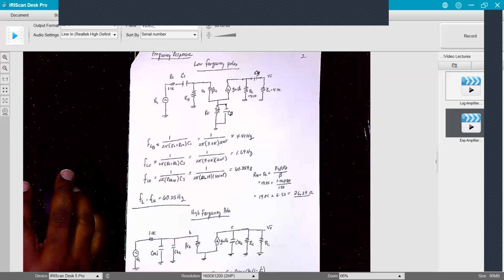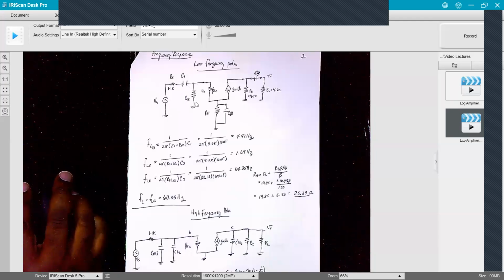You leave this one in, and you find the Thevenin equivalent resistance seen by it. So we'll start here with FLB, which is this C1 capacitor. And the impedance seen by it is RB plus RS. Oh, excuse me. Not RB, RN plus RS.